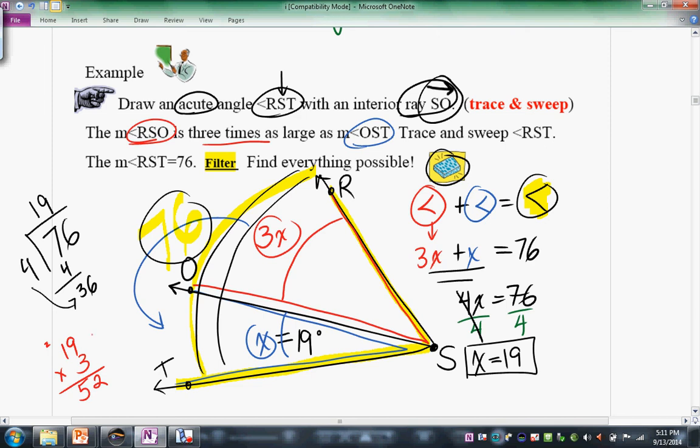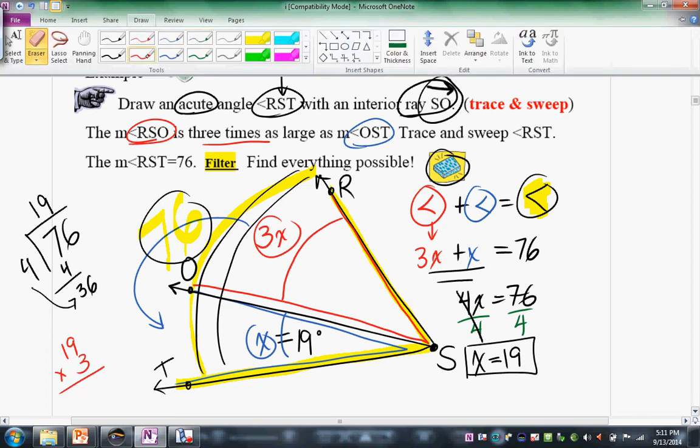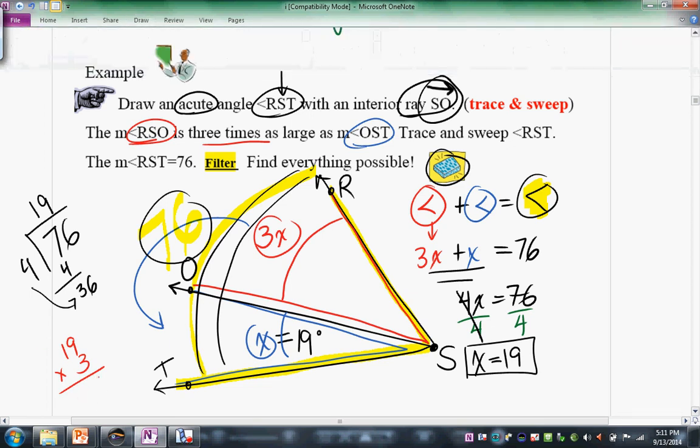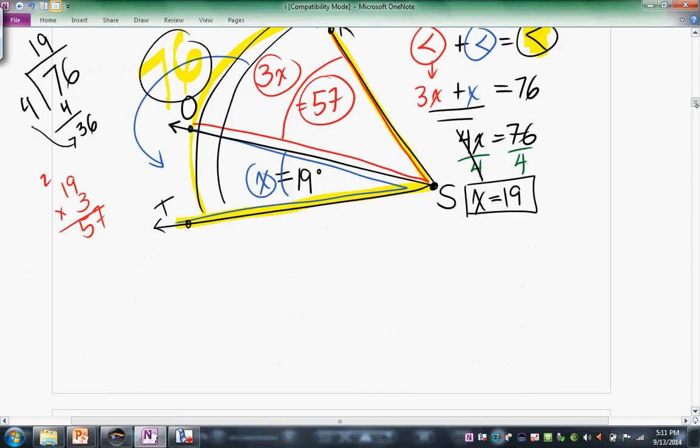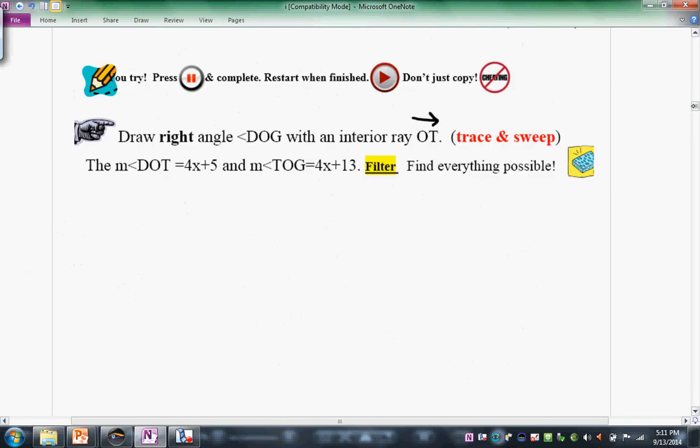Let's try that again. 3 times 9. It's getting late. Let's see. That's 27, carry the 2. And that's 57. There we go. 57. Ready? You try this one on your own. Pause the video and return when you're done.